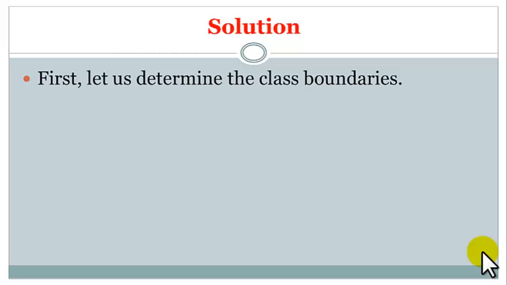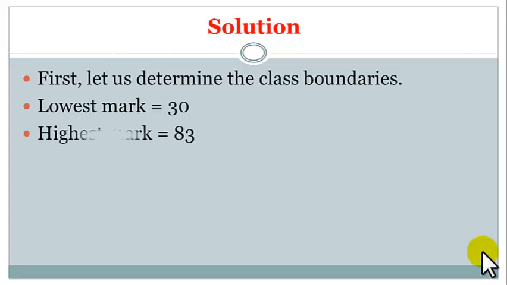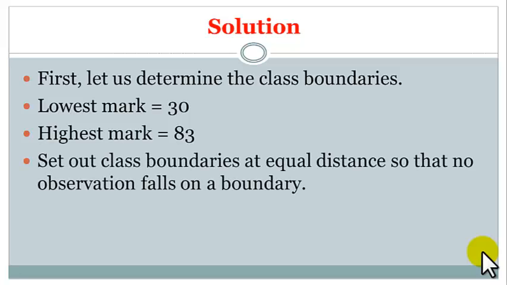First, let us determine the class boundaries that we want to use. To do that, we have to determine the lowest mark and the highest mark in the set of data. In our set of data, the lowest mark is 30 and the highest mark is 83. So we set our class boundaries at equal distance so that no observation falls on a boundary.